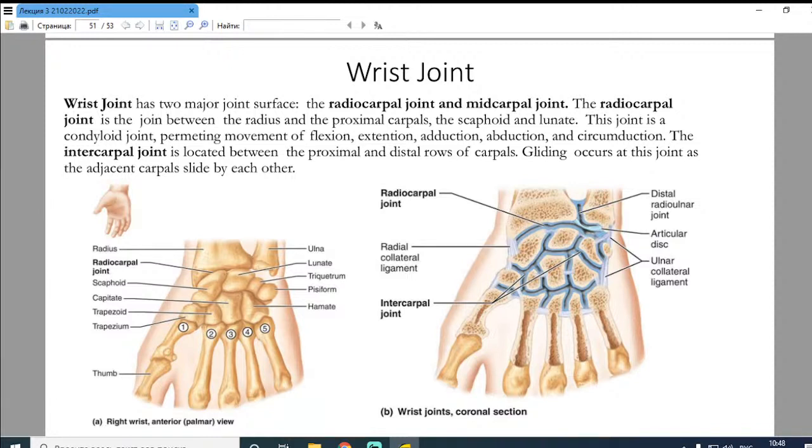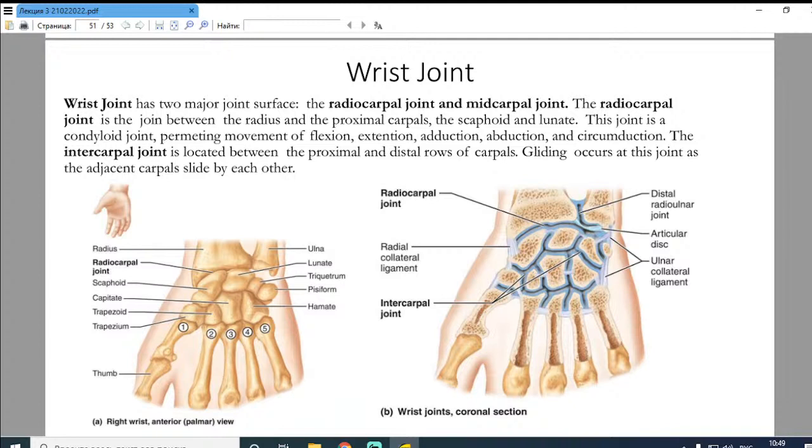The radiocarpal joint is the joint between the radius and the proximal carpals, the scaphoid, os scaphoideum, and the lunate. This joint is a condyloid joint, permitting flexion, extension, abduction and circumduction.